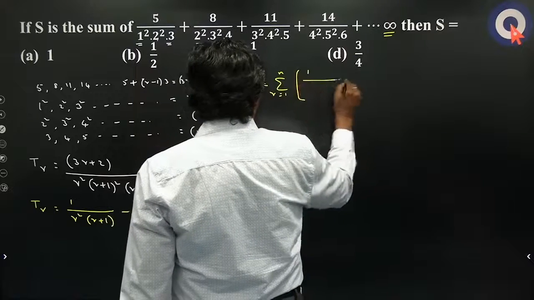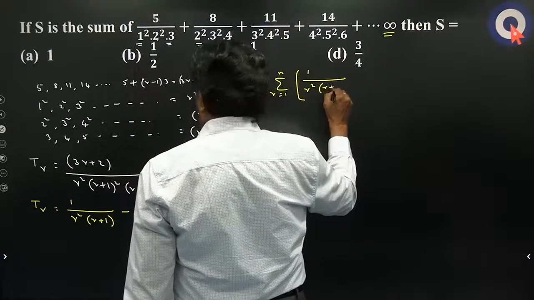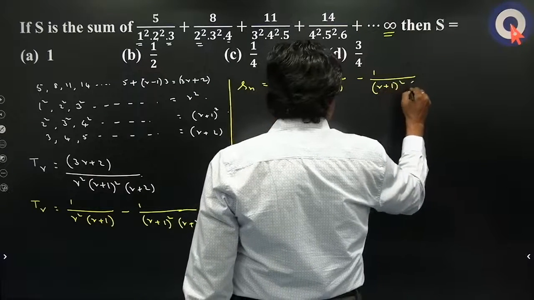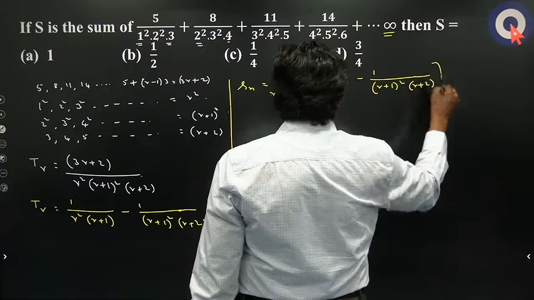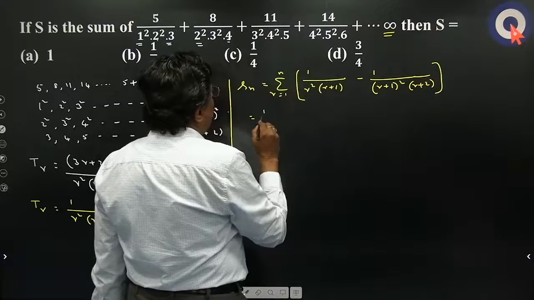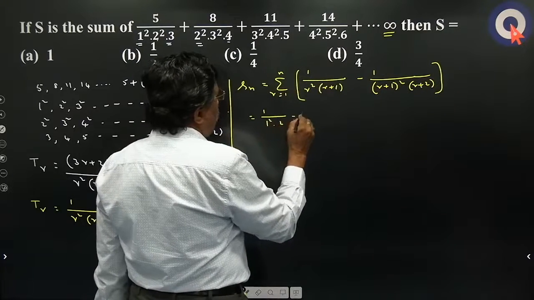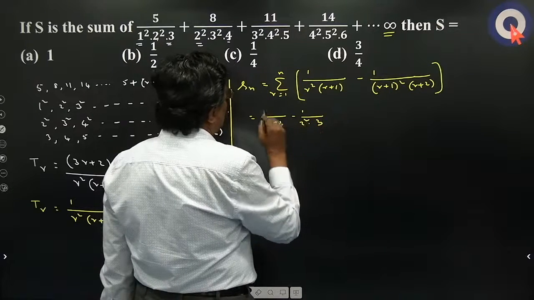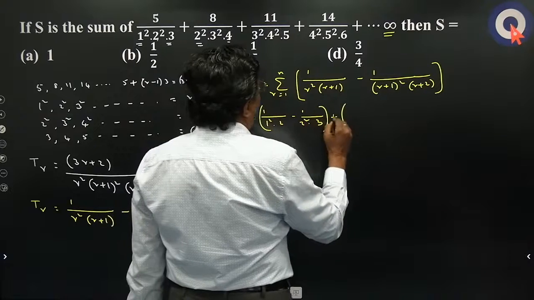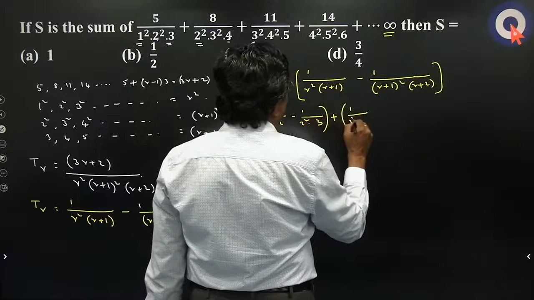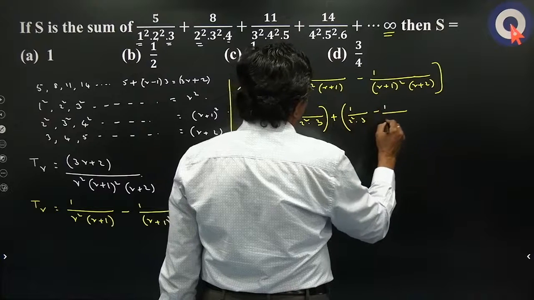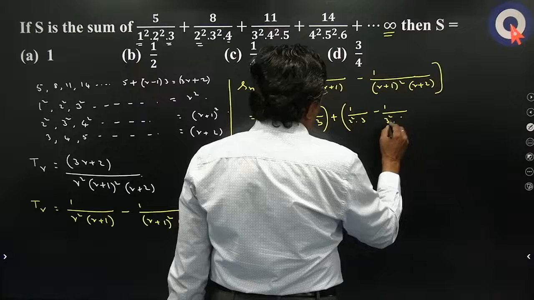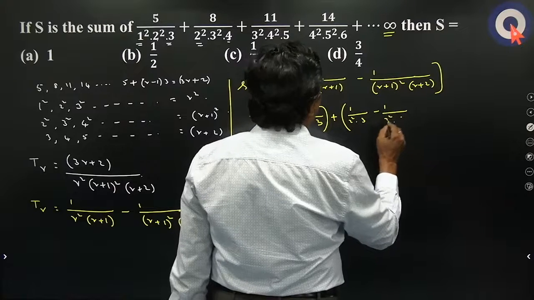So, 1 by r square into r plus 1 minus 1 by r plus 1 whole square into r plus 2. So, this is 1 by 1 square into 2 minus 1 by 2 square into 3, plus 1 by 2 square into 3 minus 1 by 3 square into 4 for r is equal to 2.